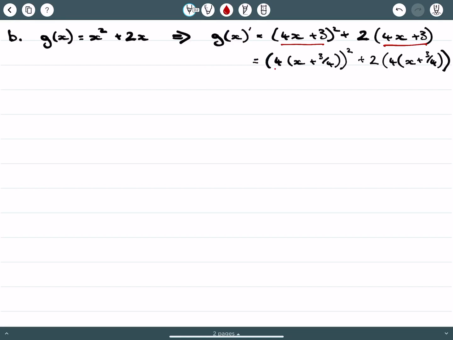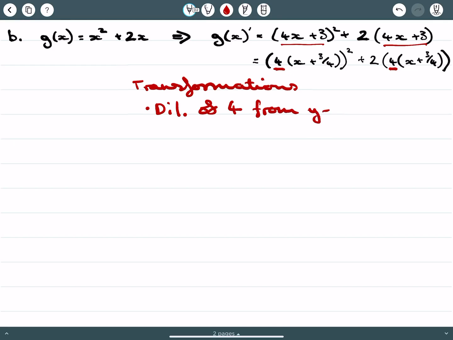So this 4 and this 4 is a dilation by a factor of a quarter from the y-axis, meaning that it's a horizontal dilation.